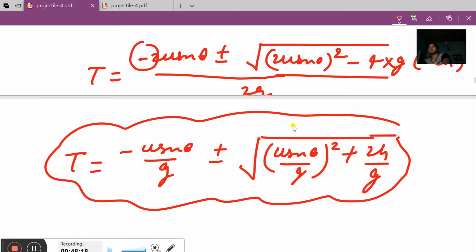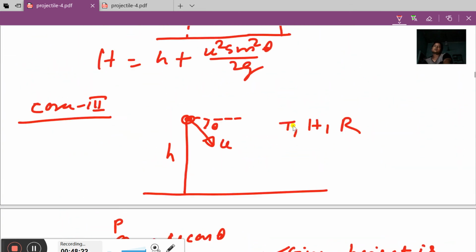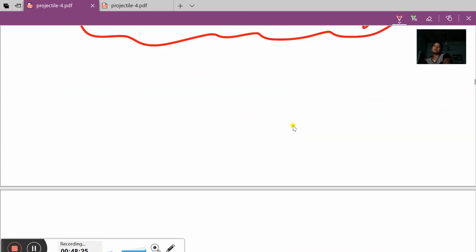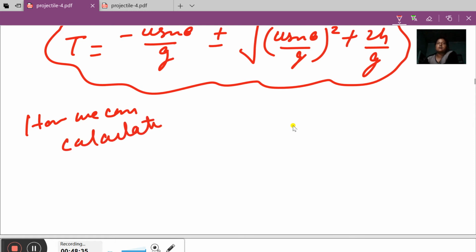We can even calculate the trajectory equation. How can we calculate the trajectory equation in this case?